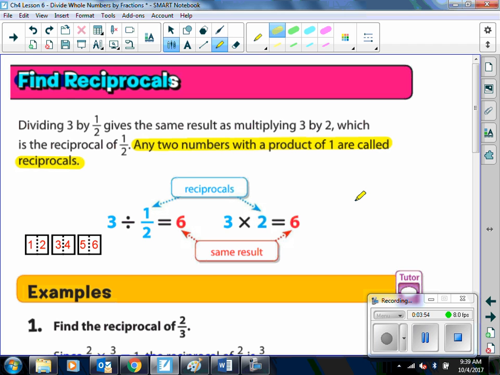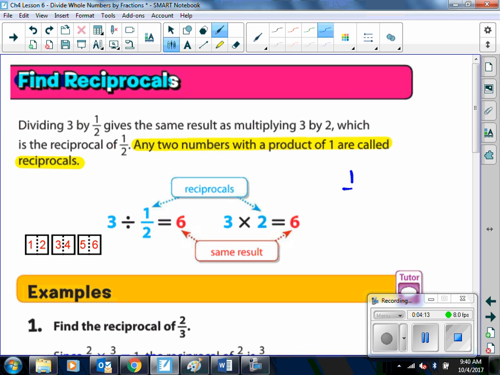Any two numbers with a product of 1 are called reciprocals. So here, if we look at 1/2 and 2, those two numbers are reciprocals. Now, let's just see what it looks like.